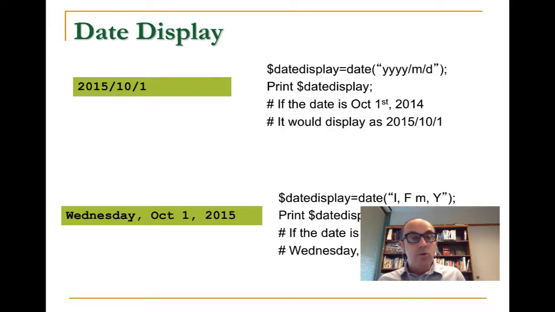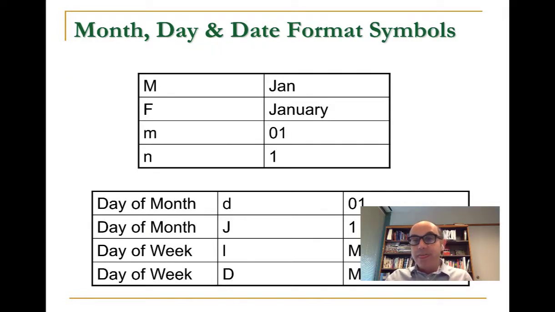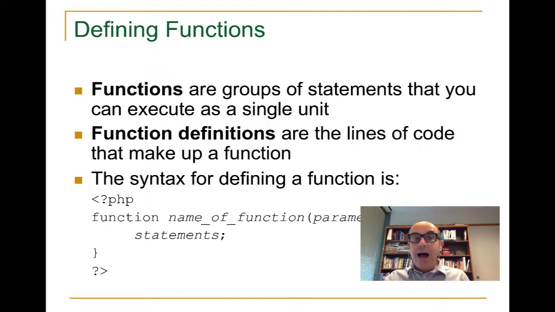We can display the date, we can be more specific, with month and date format, and we can also use functions. Functions are groups of statements that can execute as a single unit. The definitions are the lines of code that make up the function.